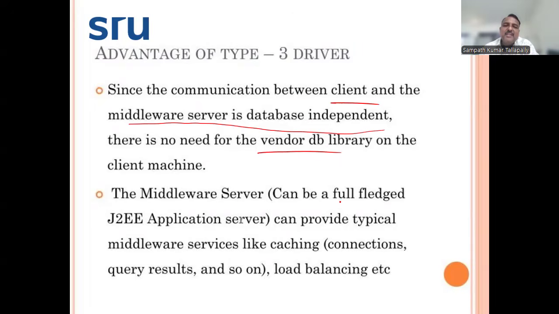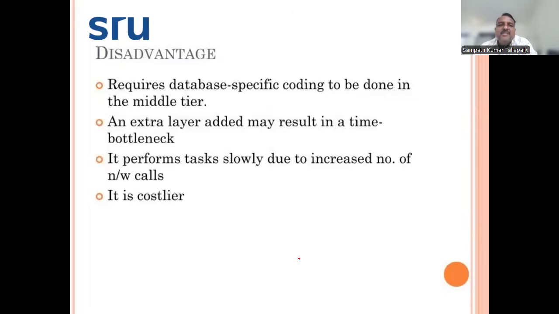The middleware server can be full-fledged. It can be your Java Enterprise Edition application server, and can provide typical middleware services like caching connections, query results, and so on. And also it is going to take care of load balancing. So if multiple clients interact with your server, then there needs to be a load balancer there. All those load balancing items will be taken care of by your middleware server.